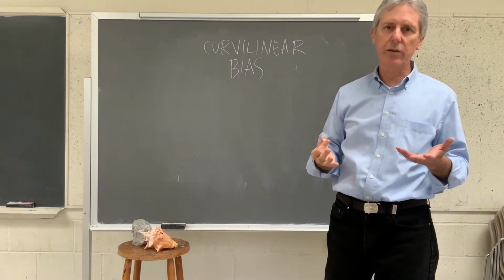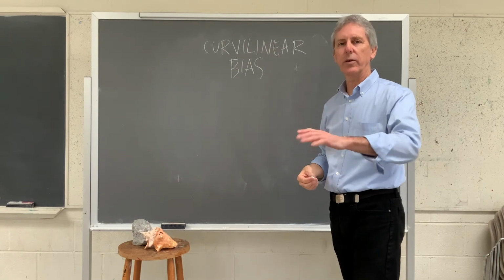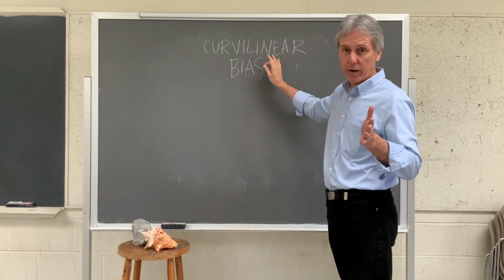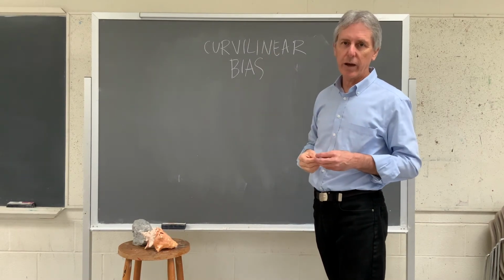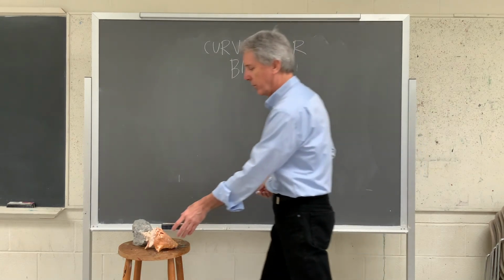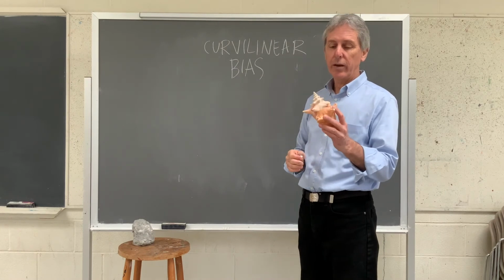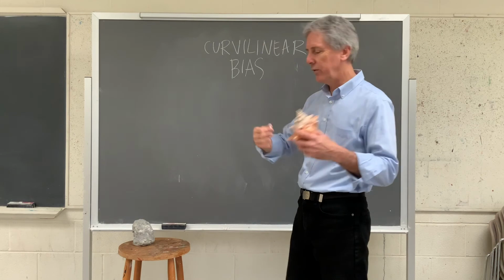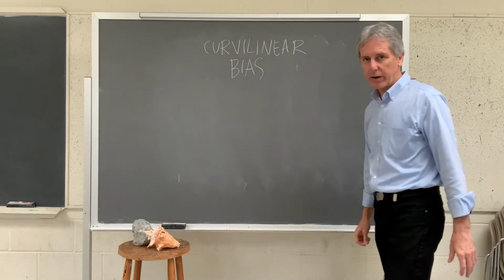A bias is a tendency towards something as opposed to a prejudice, which is against something. So we tend to exaggerate. This is the definition of curvilinear bias: the tendency that we have to exaggerate curves in objects that we see. We're starting out drawing shells because while they do have curves, they're very angular. So it's just easing into dealing with this curvilinear bias.